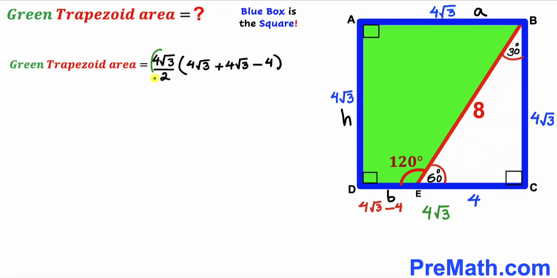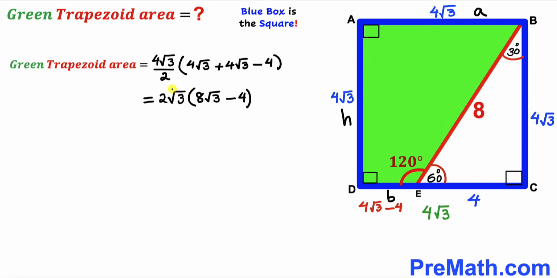Here we can see this part reduces to 2 times the square root of 3, and we combine these two like terms. So we can write 2 times the square root of 3 times 8 times the square root of 3 minus 4.